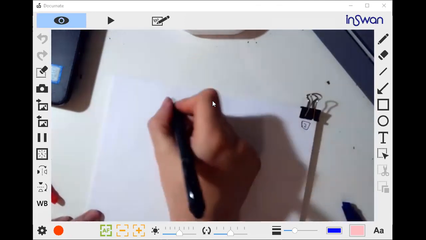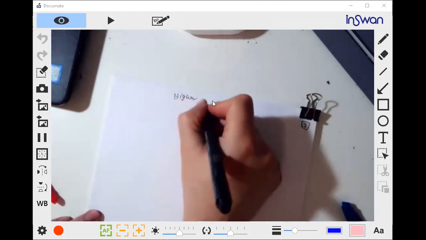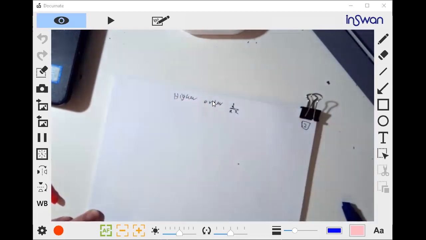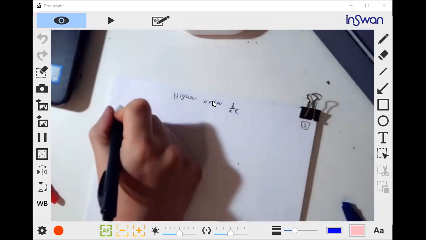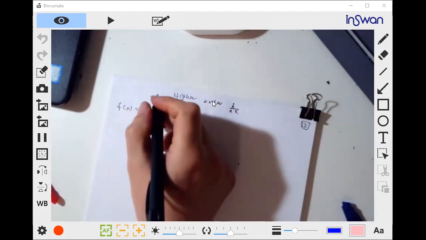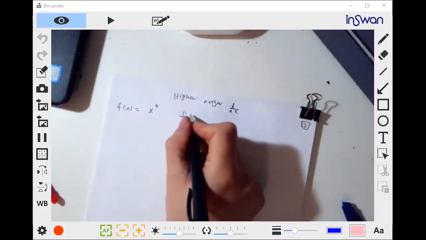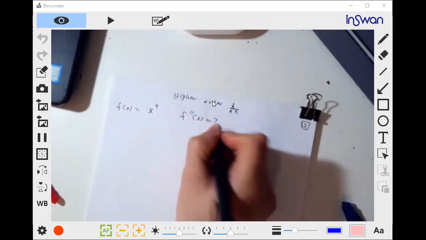So what about higher order derivatives? That's not a big deal whatsoever. So what if our f of x is equal to x to the fourth? What is f double prime of x equal to?